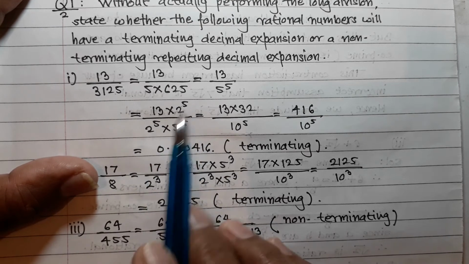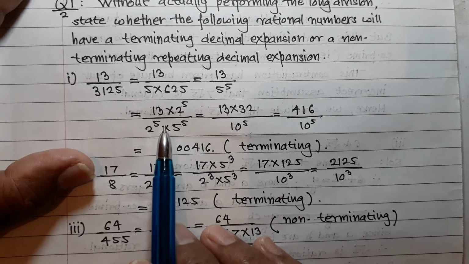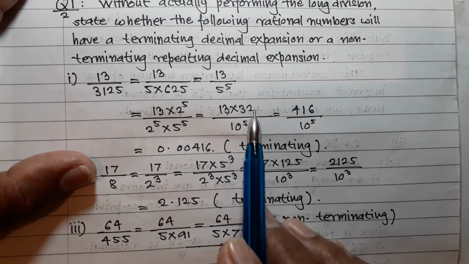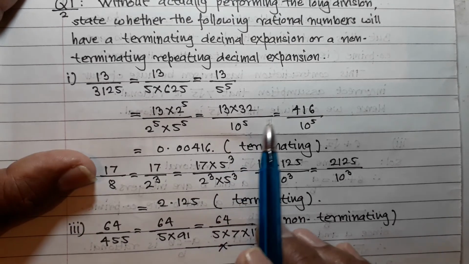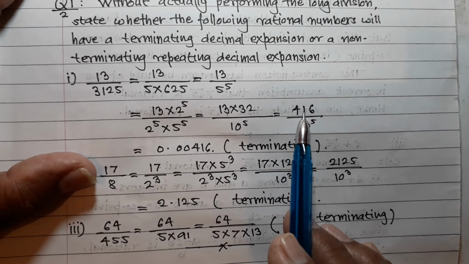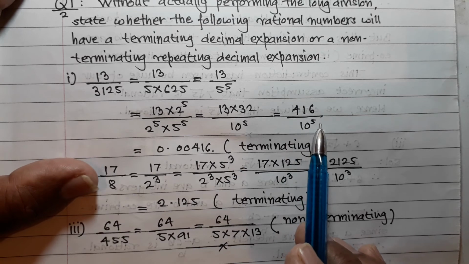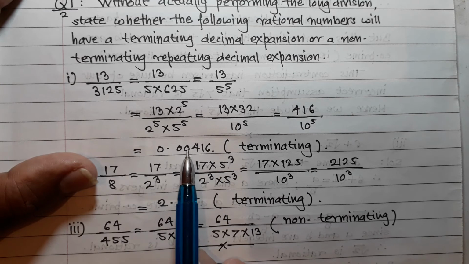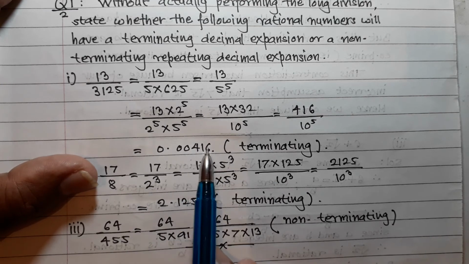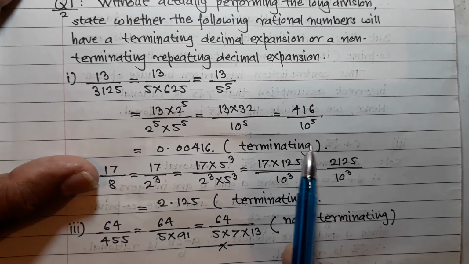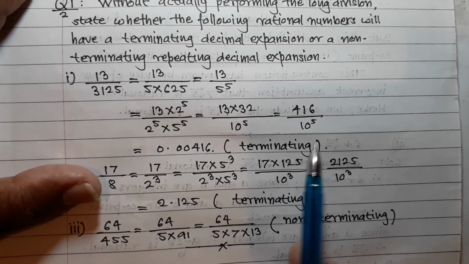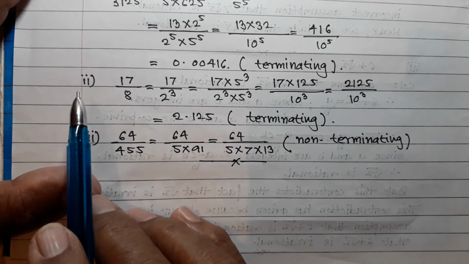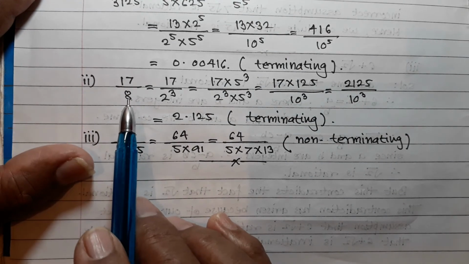I divide and multiply by 2 raised to 5, and it is equal to 13 into 32 upon 10 raised to 5, is equal to 416 upon 10 raised to 5, and is equal to 0.00416, which is terminating.